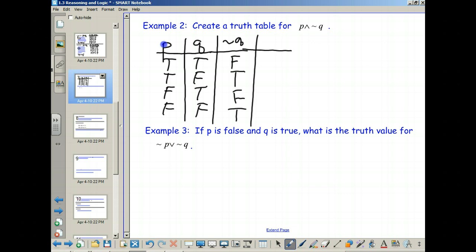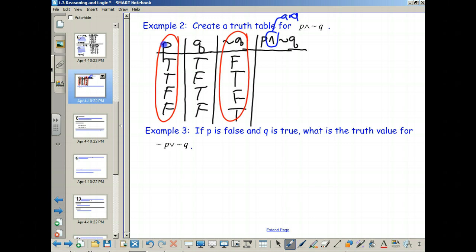Now each of the individual component statements in this conjunction are in my table. I have P in my table, I have tilde Q in my table, which means my last column that I need to create is the P and tilde Q column. And what I will do is I will look only at the column P and at the column tilde Q as I make my comparisons. So looking at those two columns, I have a T and I have an F, and I have an AND statement.